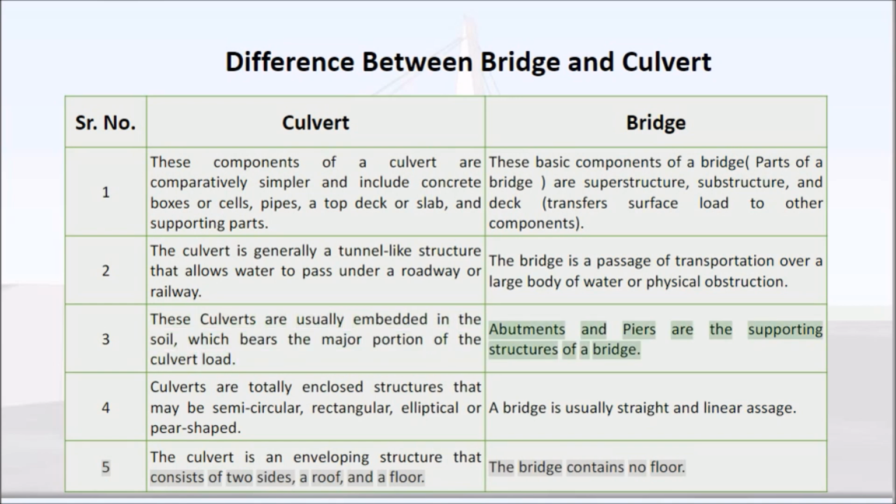Abutments and piers are the supporting structures of a bridge. 4. Culverts are totally enclosed structures that may be semicircular, rectangular, elliptical, or pear-shaped. A bridge is usually a straight and linear passage.